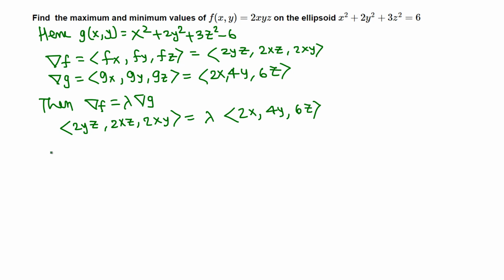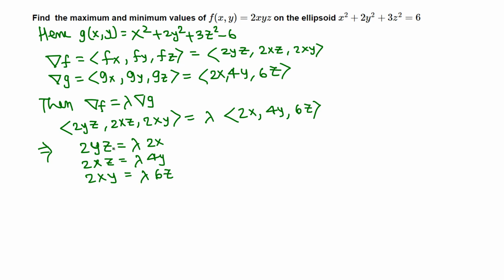So from this we get three equations. 2yz equals lambda 2x, 2xz equals lambda 4y, and 2xy equals lambda 6z.